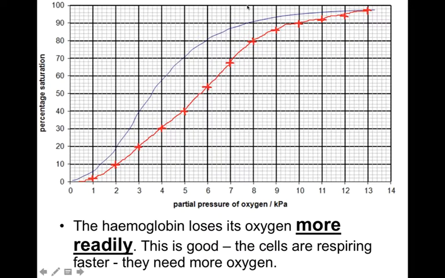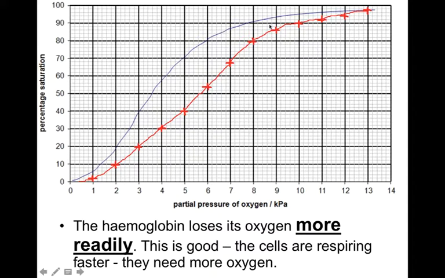One of the things that affects this dissociation curve is exercise, and specifically the level of carbon dioxide. So what happens is you get a shift to the right. When you respire more, when the CO2 levels go up, that curve goes to the right, and we call that a Bohr shift, B-O-H-R.